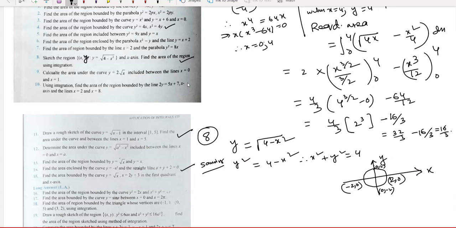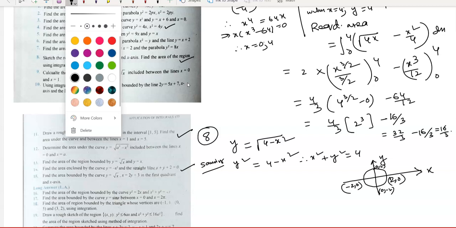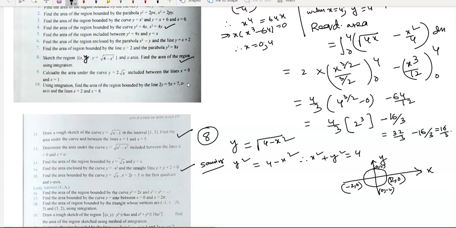So when you are going to find the area and y remains positive, it means it lies above the x-axis. So this area only we are going to find.